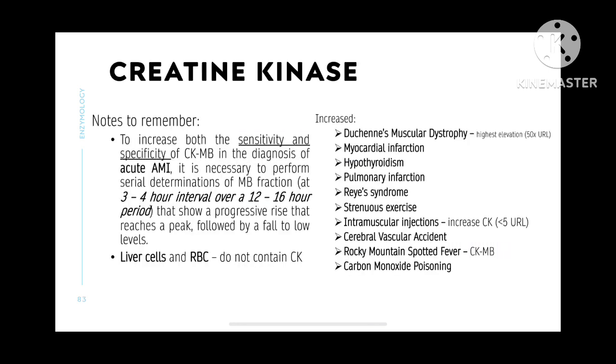Due to the high concentrations of CK in muscle tissue, creatine kinase levels are frequently elevated in disorders of cardiac and skeletal muscle. The CK level is considered a sensitive indicator of acute myocardial infarction and muscular dystrophy, particularly the Duchenne type. Extreme elevations of CK occur in Duchenne type muscular dystrophy with values reaching 50 to 100 times the upper limit of normal.